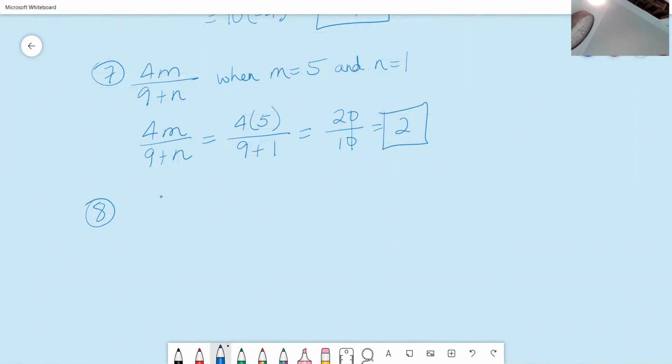Okay, number 8. Number 8 gives us 6x plus 2y divided by x times y. Now we're starting to look like real algebra expressions. All right, when x equals 2 and y equals 3.